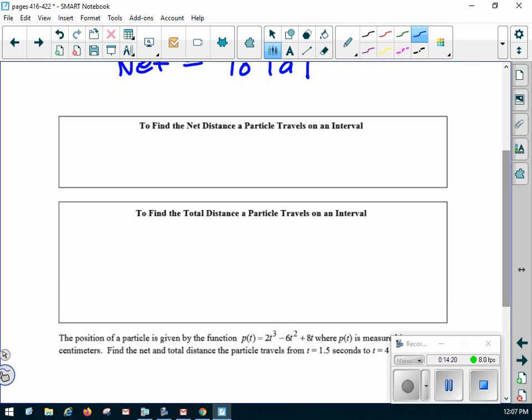Now, for this lesson, you better know where absolute value is on your calculator, because we're going to use it.